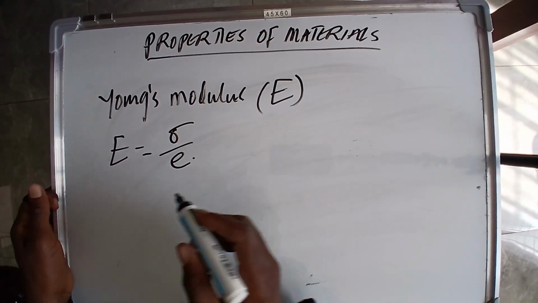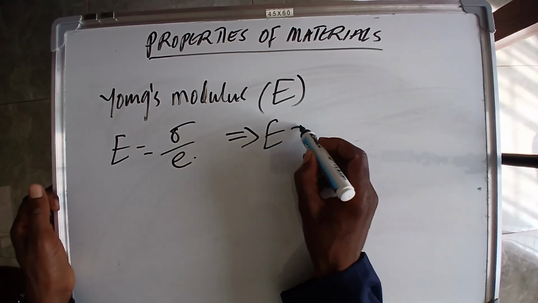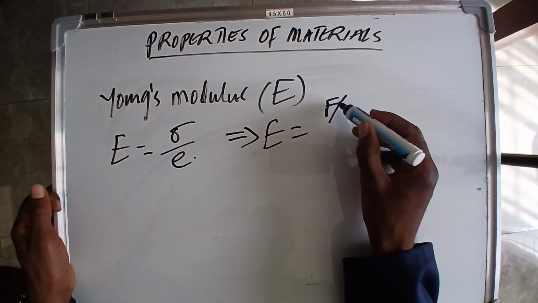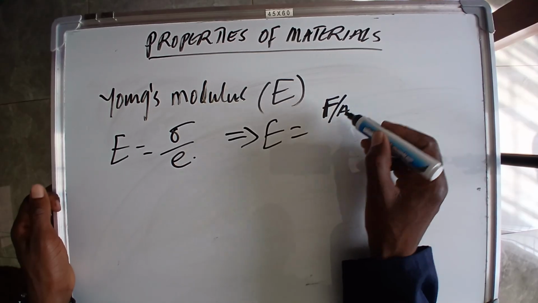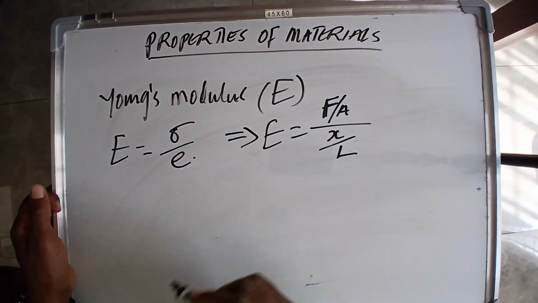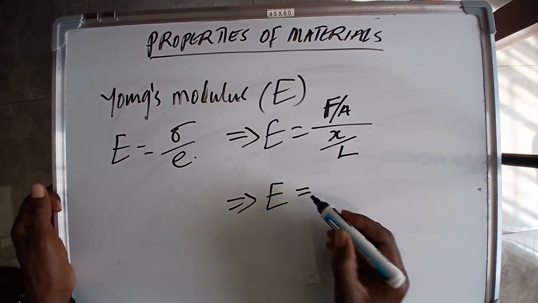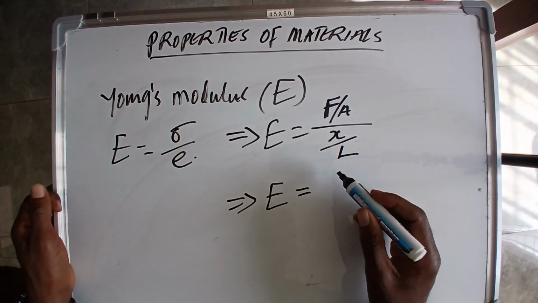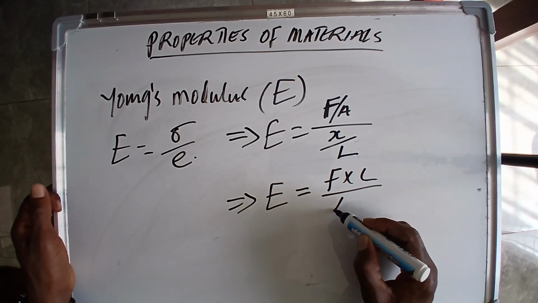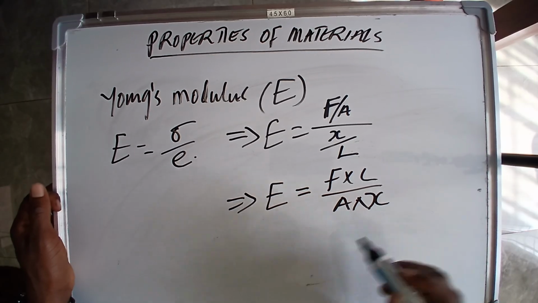So how this works is, we know that stress is equal to force over area, while strain is x over L. So we can write Young's modulus as equal to this, and this guy will go on top there. So it will be F times L over area multiplied by the extension.